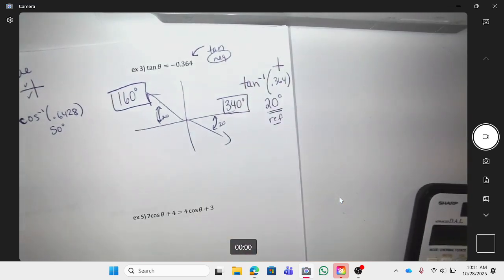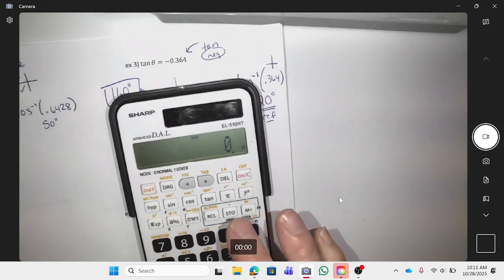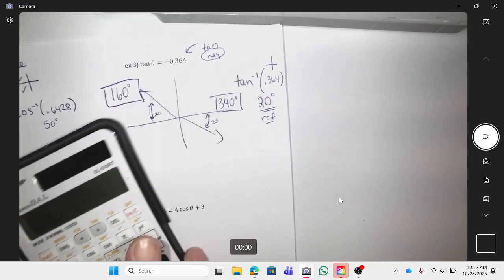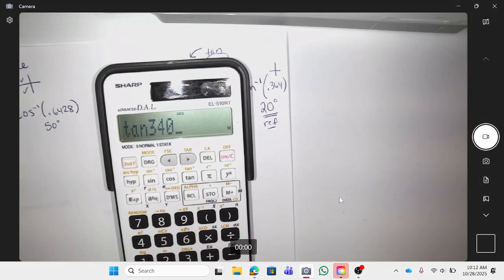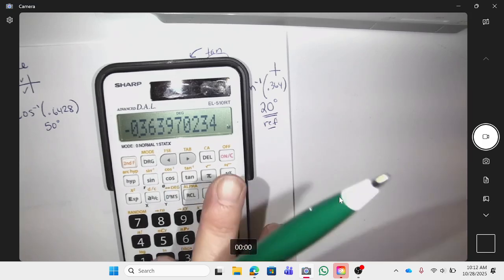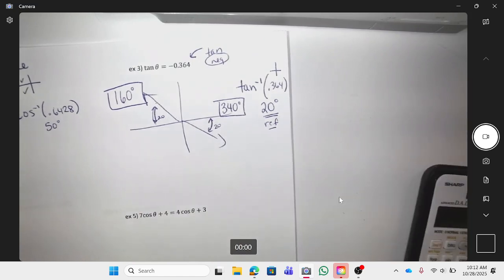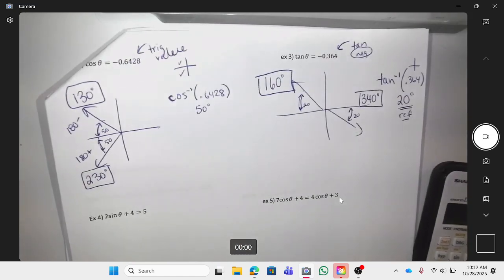So those are my two answers. Okay, you can check on your test if you're right. So a quick check would be what's the tan of 340 degrees equals negative 0.364. Okay, so that was the easy kind.